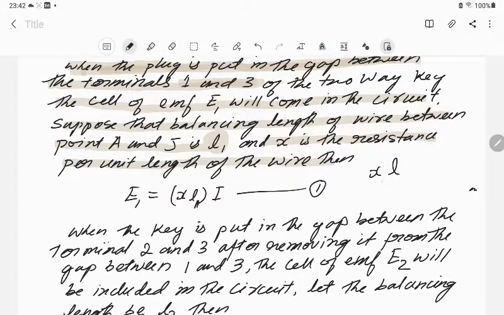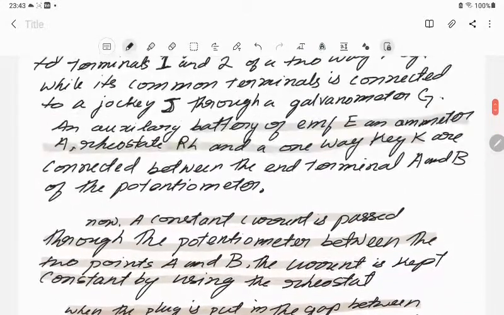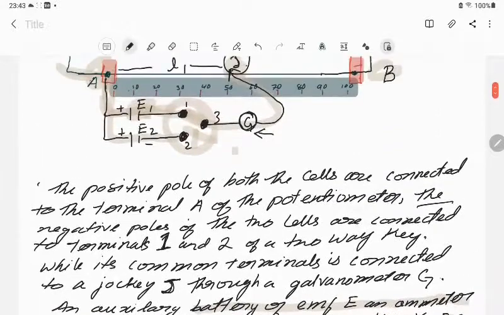Because per unit length the resistance is X, so for the entire length L, the resistance will be XL. In this case, our length is L1.